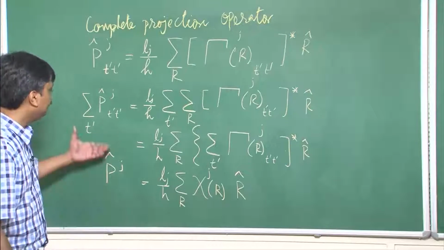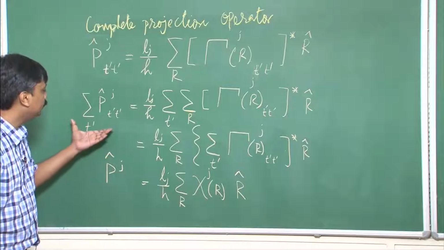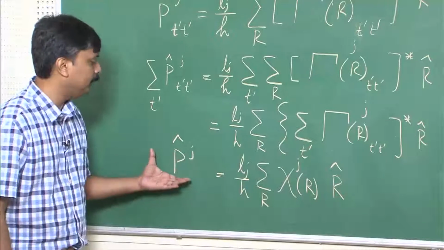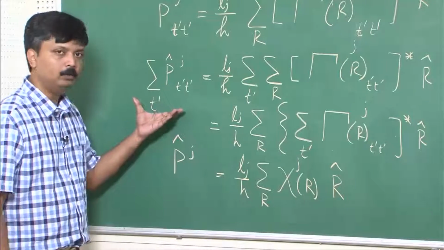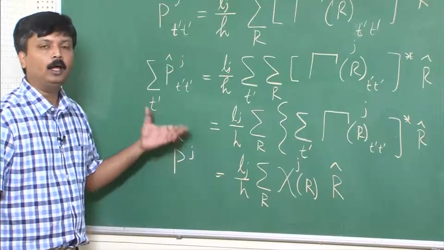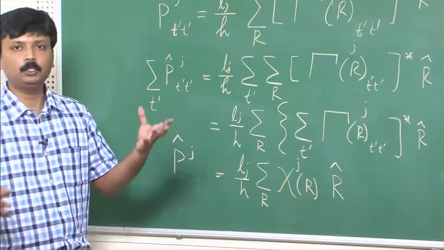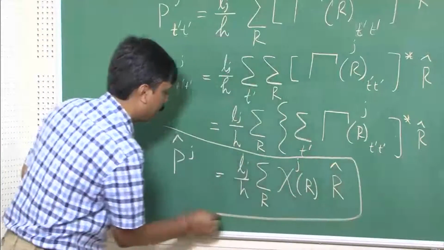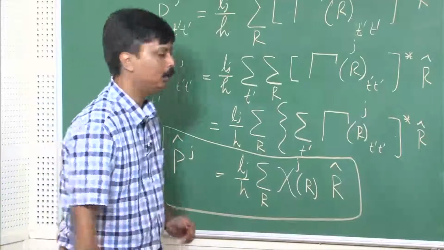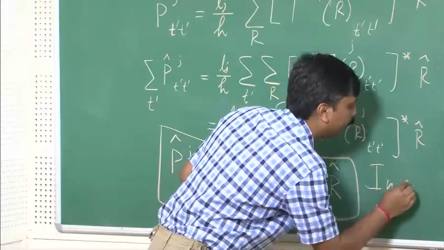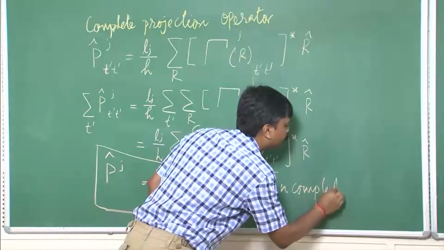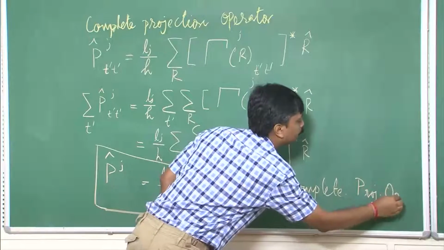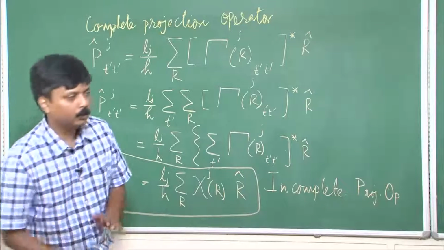Because this is nothing but the sum of all the projection operators, right. So this Pj is the sum of all the projection operators individually that you can form, and the complete set will form a complete projection operator. So this is my expression for the so called incomplete projection operator, right.